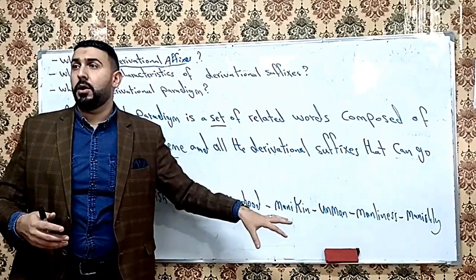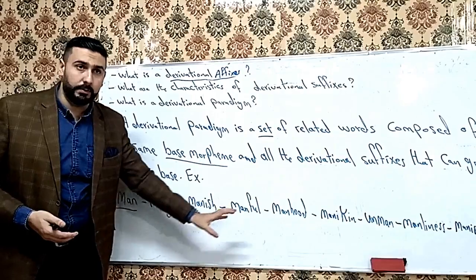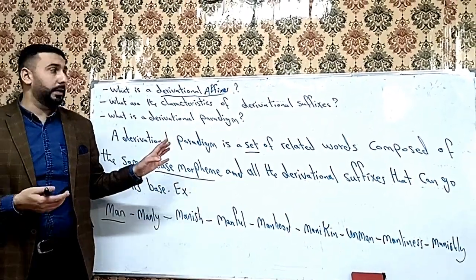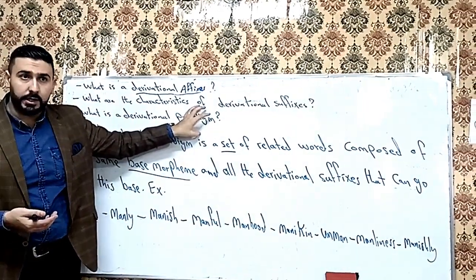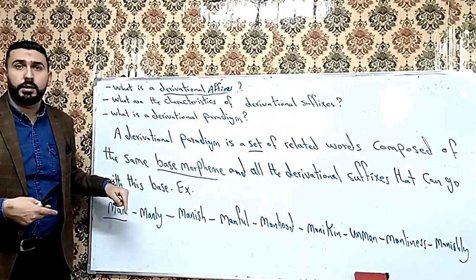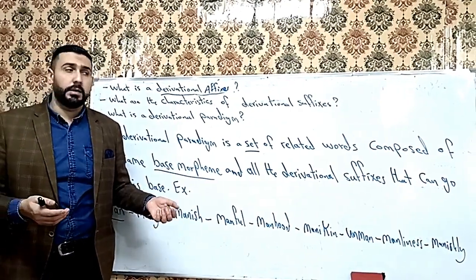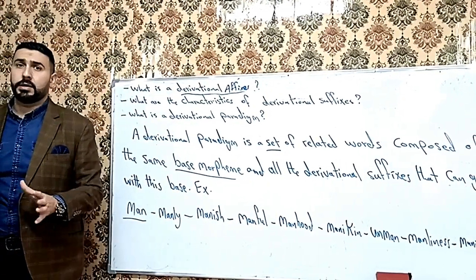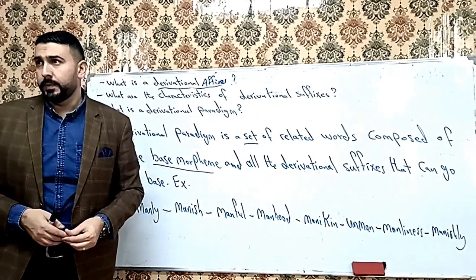Don't you feel that all of these words are from the same family? ما تشعرون أن كل هاي الكلمات من نفس العائلة؟ ويا عائلة نسميها derivational paradigm. استخدمت كلمة paradigm لهذا الغرض، يعني النموذج الاشتقاقي اللي يشوفنا كلمة مان كيف ممكن أن نشتق منها عدة كلمات. أحيانا these words are having the same meaning، أحيانا الكلمات بها نفس المعنى.